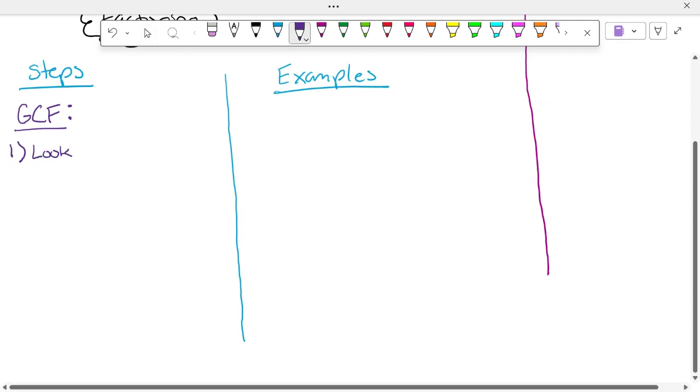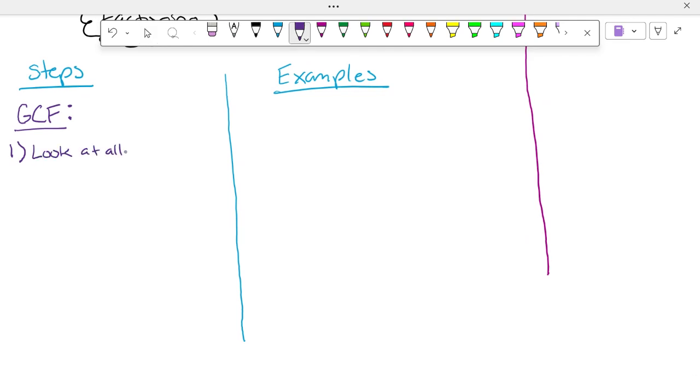So I have: look at all terms and determine the GCF. I'll make a note that that's the greatest common factor.